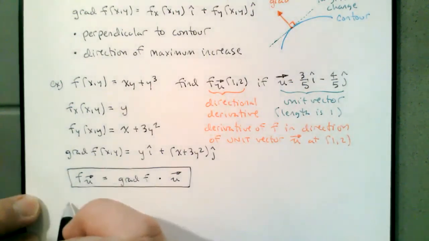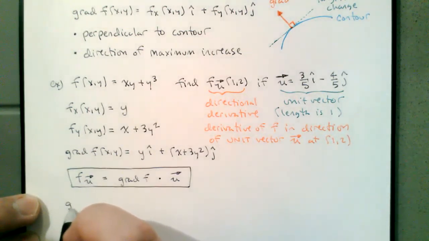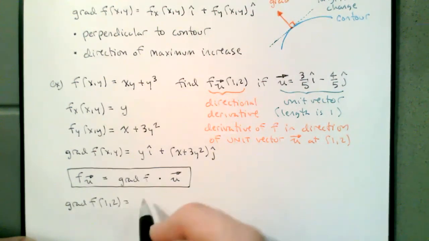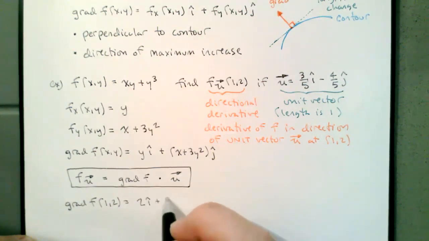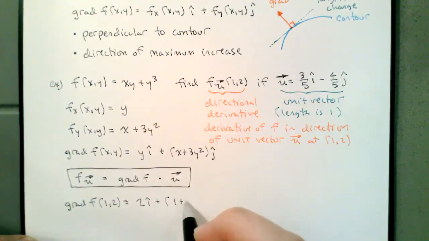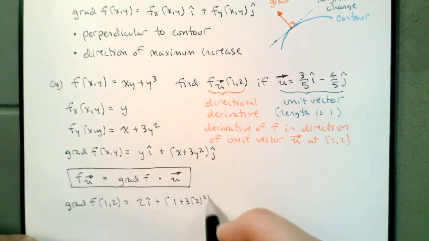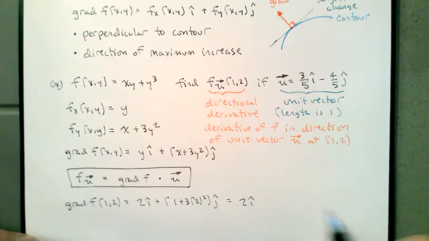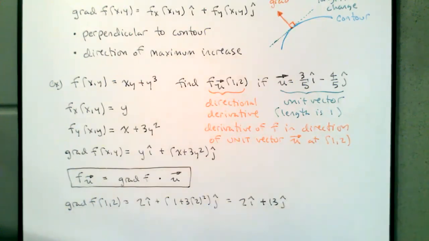So the gradient of f at 1, 2 will be 2i plus 1 plus 3 times 2 squared times j. So 2i plus 13j. So at the point 1, 2, the direction of maximum increase is 2i plus 13j.